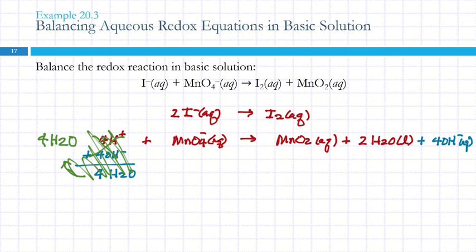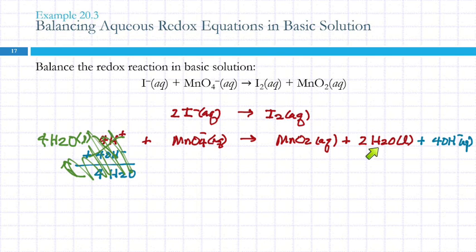Yes? If you have four waters on this side, shouldn't you add more waters to the other side? That's a great question. So we got 4 waters on this side and 2 waters on that side. Do we need to balance those? No, we don't. Okay, I forgot the liquid here. What we'll do is, if there were 4 here and 2 there, then really 2 of them are unnecessary, right?